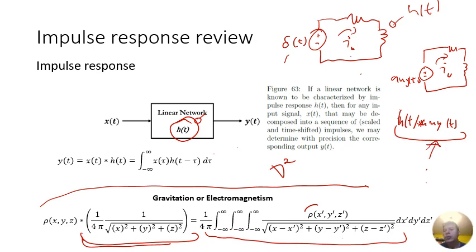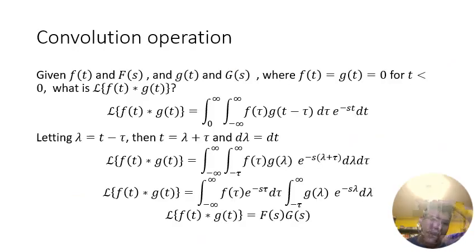So let's look at convolution in the Laplace domain. We've already gone over this in previous slides, but what we found is that the Laplace transform of the convolution of 2 functions is the product of the transforms of those 2 functions.